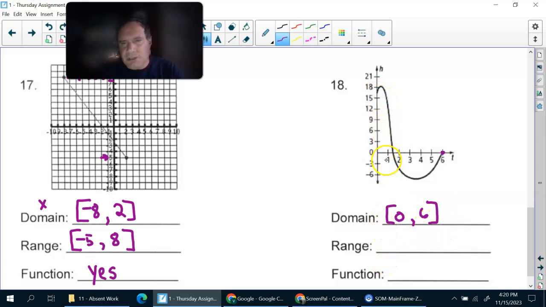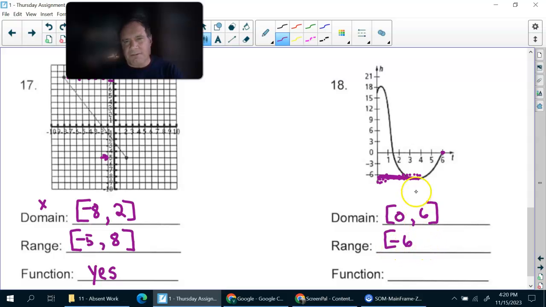The range, the lowest part of this graph is here. All right, so the lowest part of the graph we could say is about here. I'm sure it's meant to be 6, so we're just going to say it's -6.